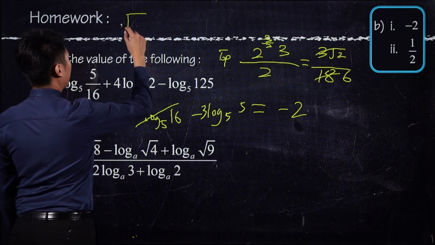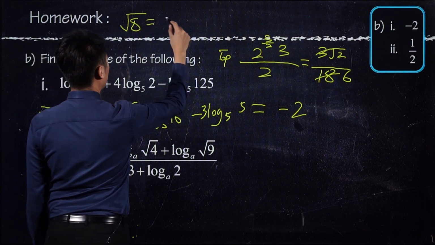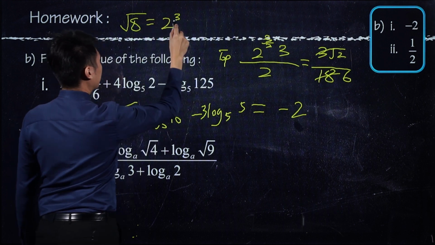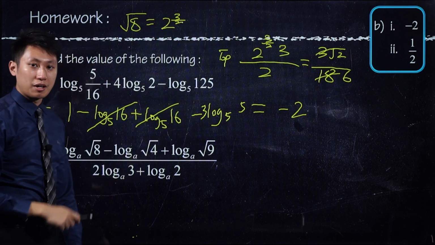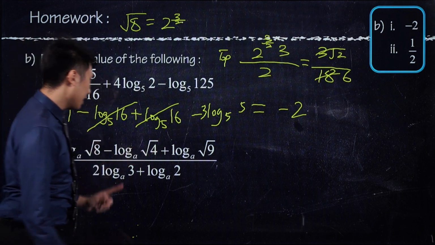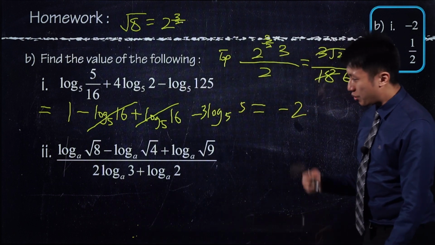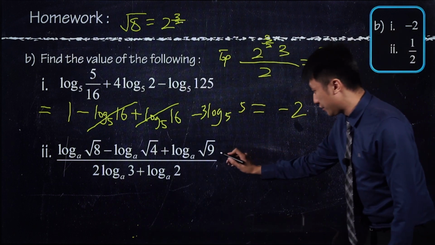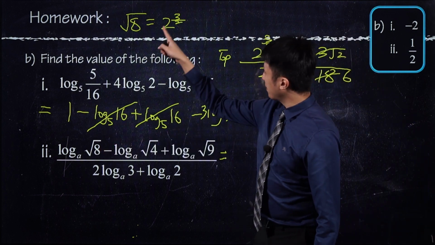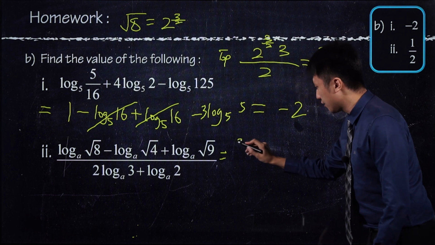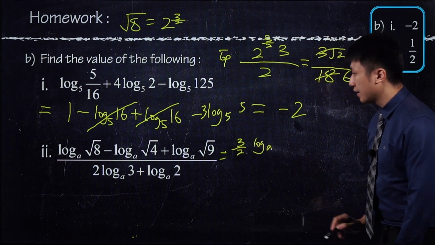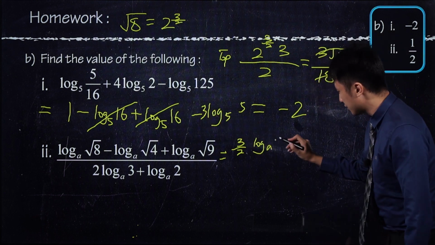Okay, second one. Square root 8 is equal to 2 to the power 3, but this one is square root, so square root is the bottom, so 2 to the power 3 over 2. How about this one? This is simple, and this one is simple as well. So what I do here, I rewrite this as 2 to the power 3 over 2, so 3 over 2 I can bring up, 3 over 2 log a 2.